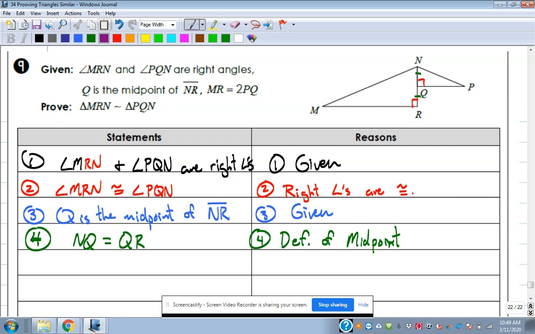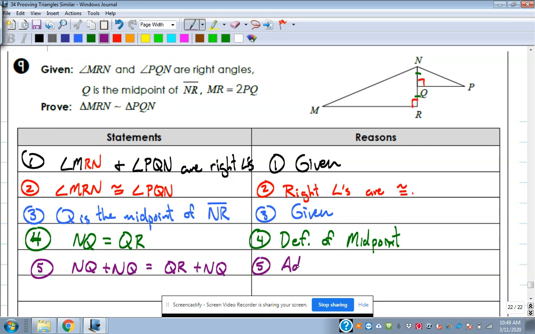Okay, so I can't just jump straight to that. I've got to build that up. So if I add NQ to both sides, is that legal to do? Yes. What am I doing there?